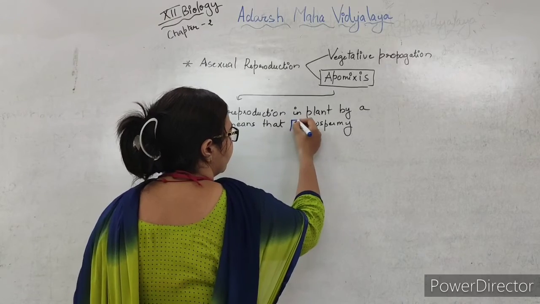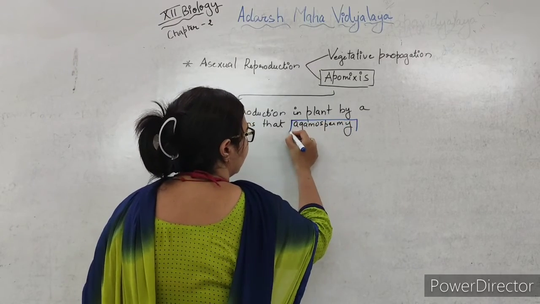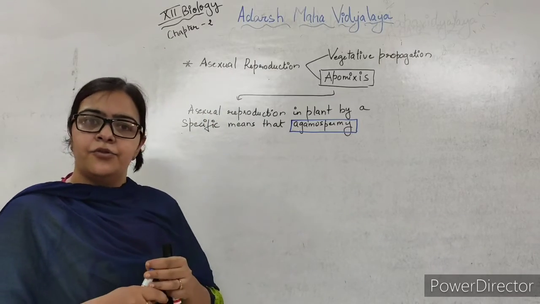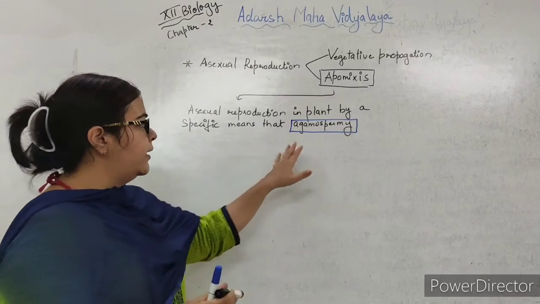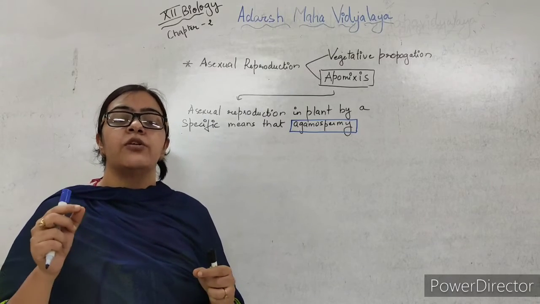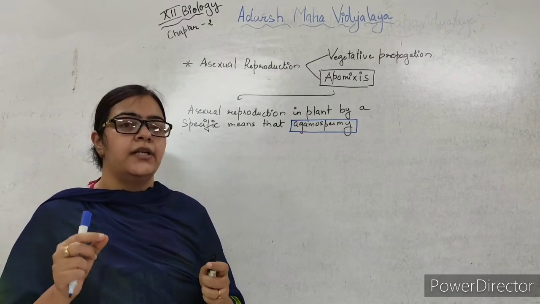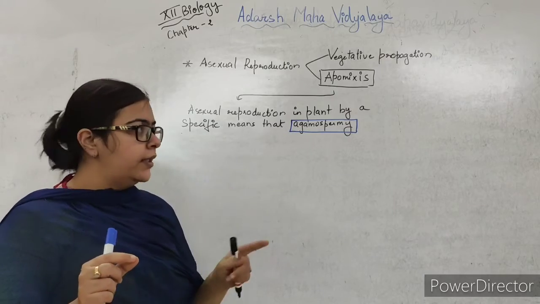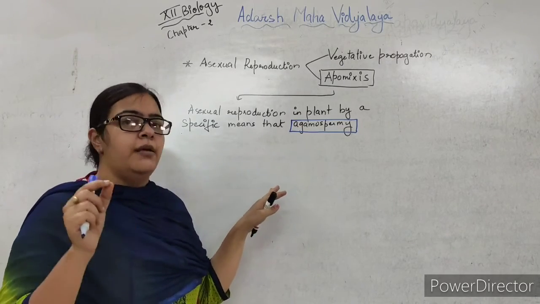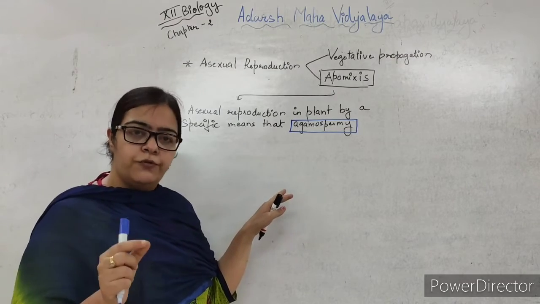Agamospermy. This agamospermy has three types. We can say that agamospermy is nothing but the formation of an embryo from an unfertilized ovule.